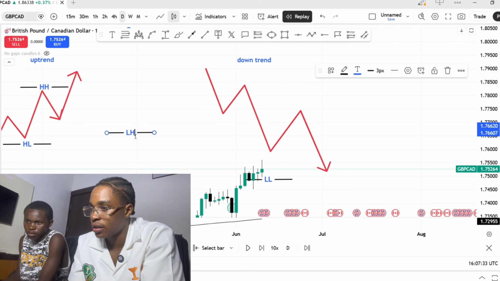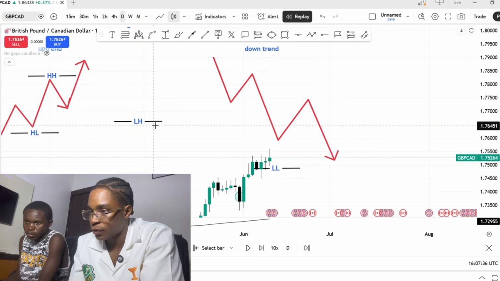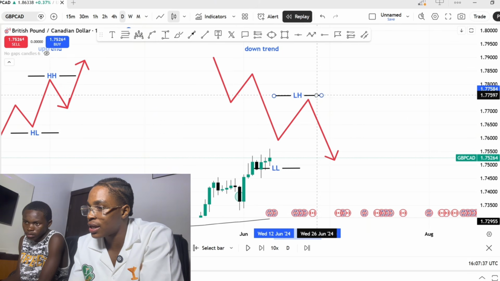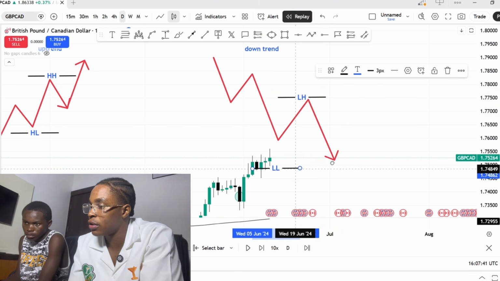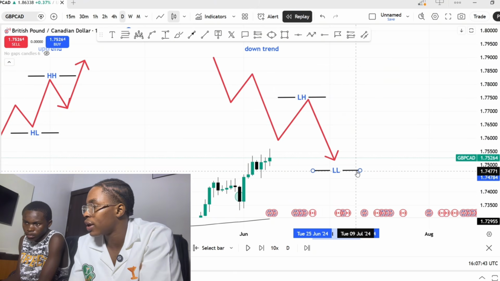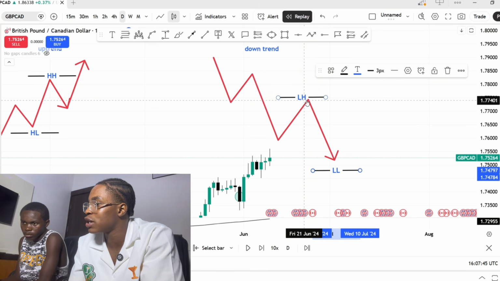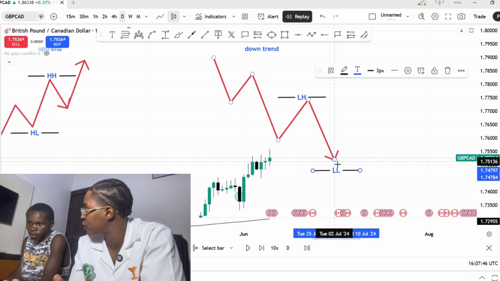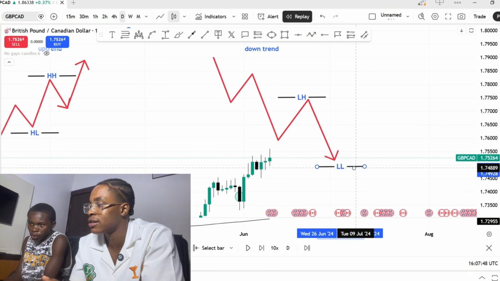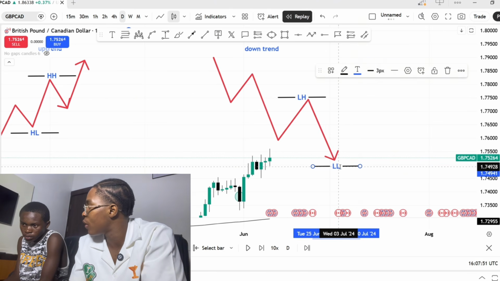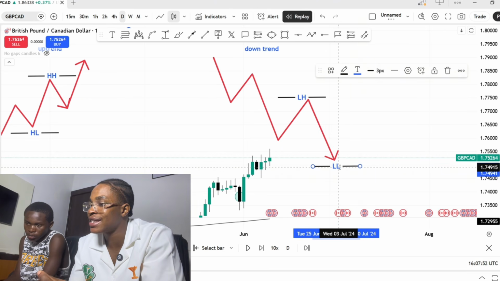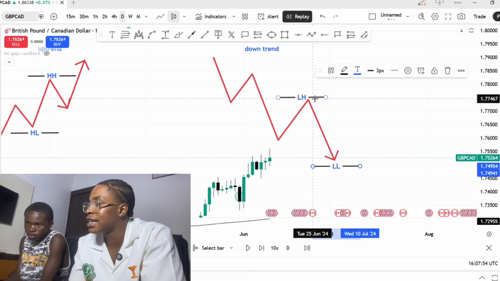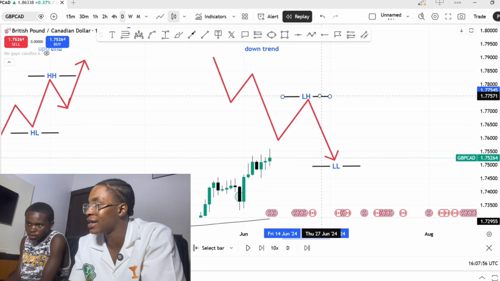Lower high, right? So this point over here is a lower high, this point over here is a lower low, right? So we sell at lower highs, and then we take profits at lower lows, and I'll still explain that as the video goes on, right? So lower low, the lowest point the market has reached. Lower high is basically the point where the market is right now, right?